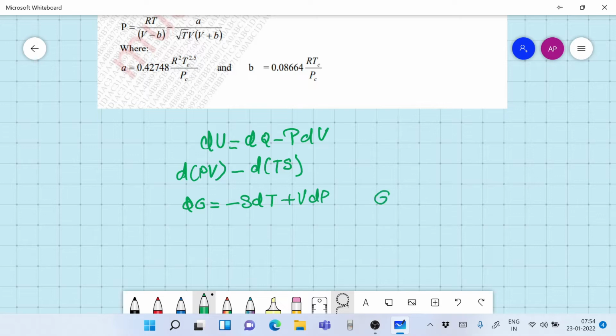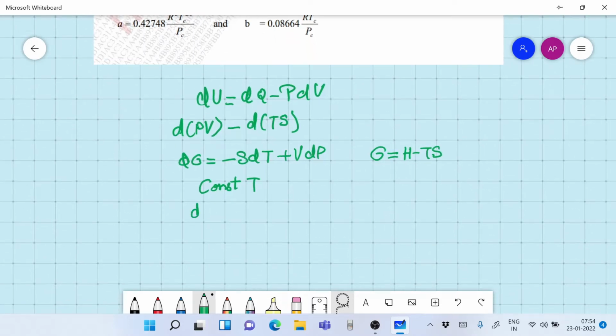Where G, as we are aware, is defined as H minus TS. So if we take the above equation at constant temperature, we get dG is equal to V dP, and this is at constant temperature.